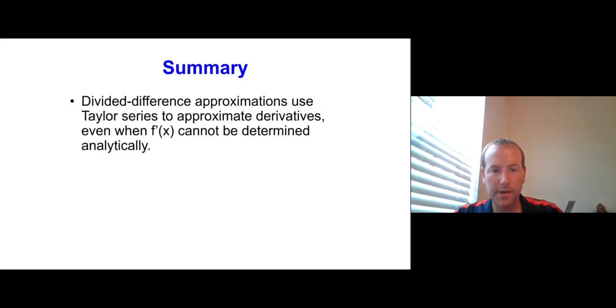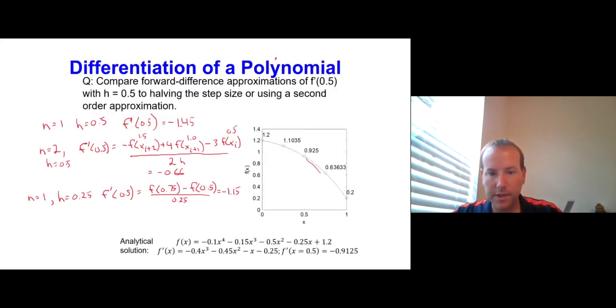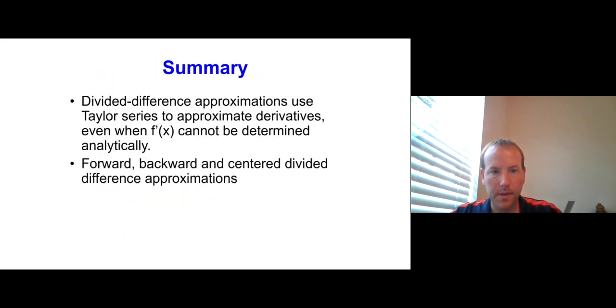To summarize this section, we've looked at how divided difference approximations can be used to approximate derivatives, even when we don't know f prime of x analytically. Notice in this last one, I show the analytical solution, but we didn't actually need to know what that equation was. All we needed to know was the value of a few different data points.